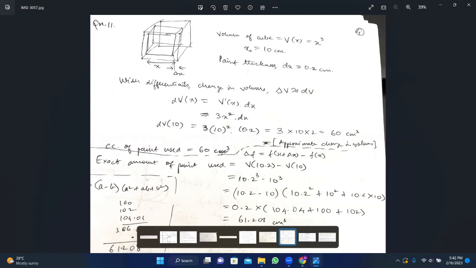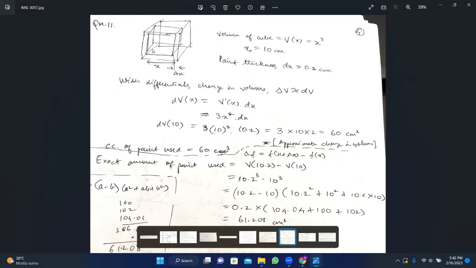So with differentials, we write the change in volume as delta V is approximately equal to dV. So dV is equal to V prime of x into dx. V prime of x is 3x square and dx we have as 0.2. In this problem, we have the delta x value only along one direction.